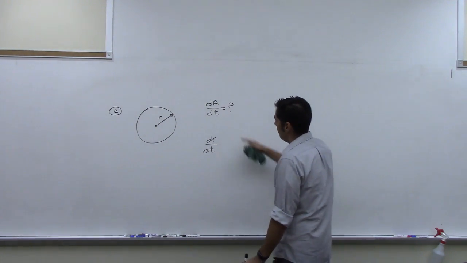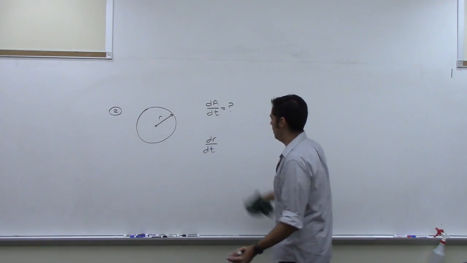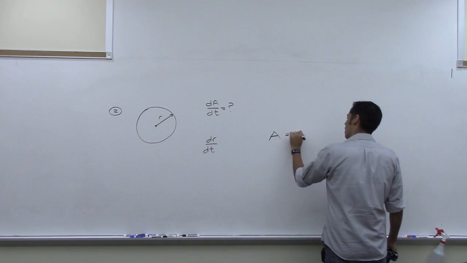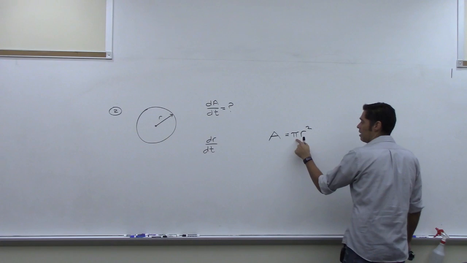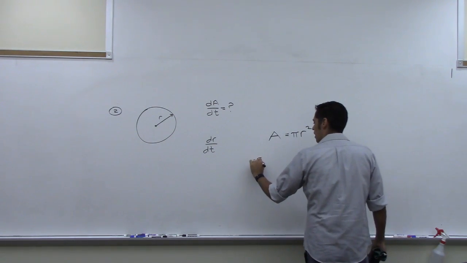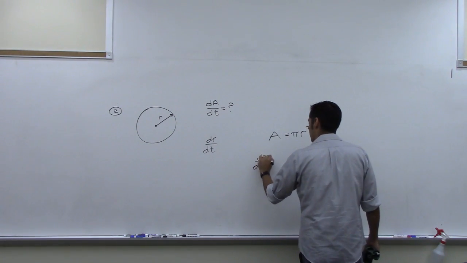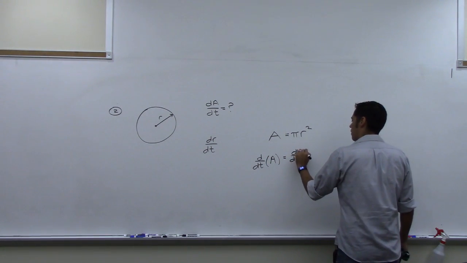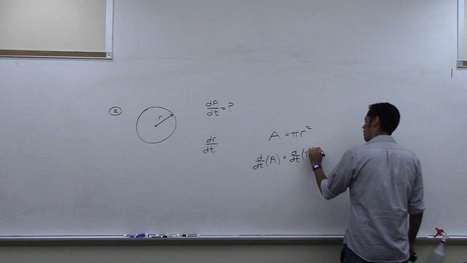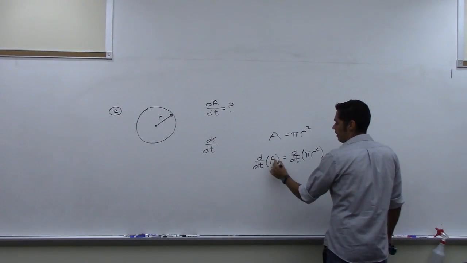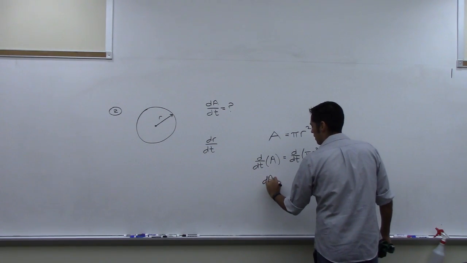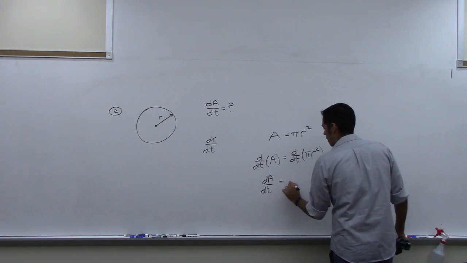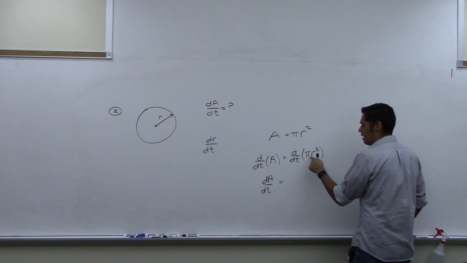Well, I need to find a way of relating area and radius, but that's clear because the area of a circle is pi r squared. Remember, pi here is a constant. And now if I differentiate both sides of this with respect to time again, then the derivative of A with respect to t is just dA/dt, which is good because that's what we're trying to figure out. And it equals, now pi is a constant, time's a function.